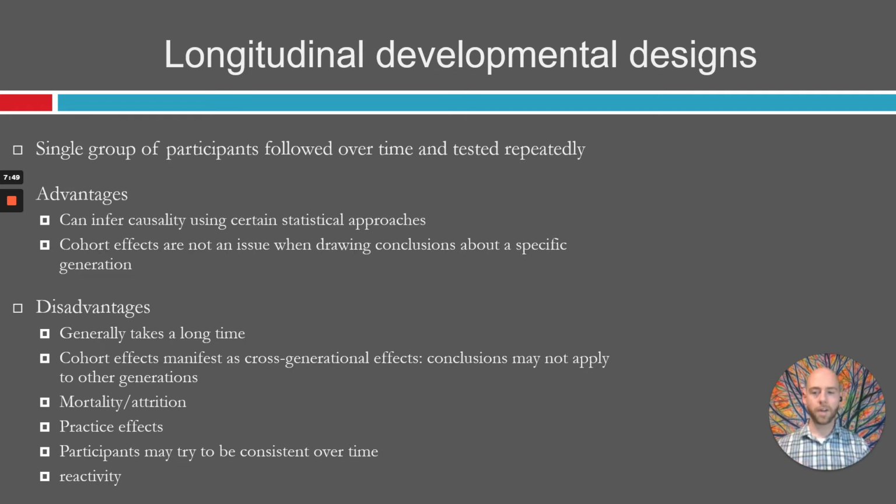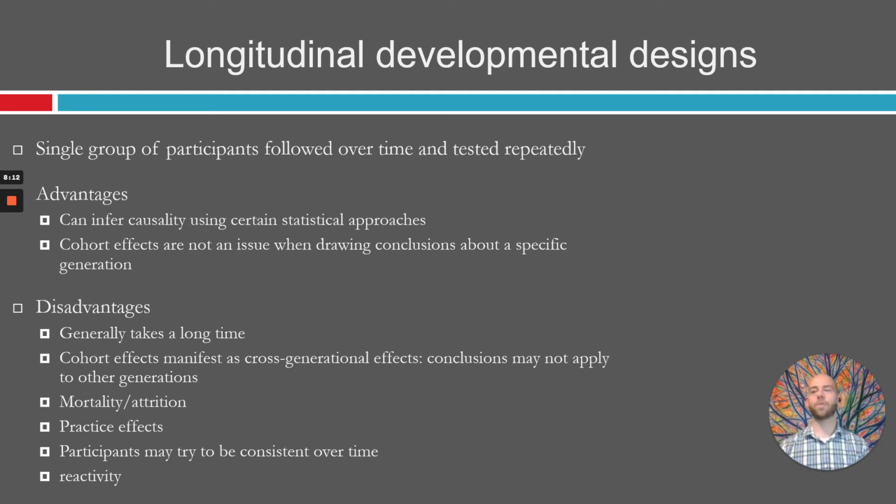So generation effects still kind of matter, because whatever you're concluding from your particular longitudinal design might only apply to that generation. It might not generalize to other people, but you might be able to say confidently that within a particular generation, we see causal effects.